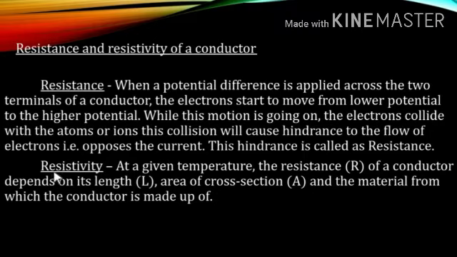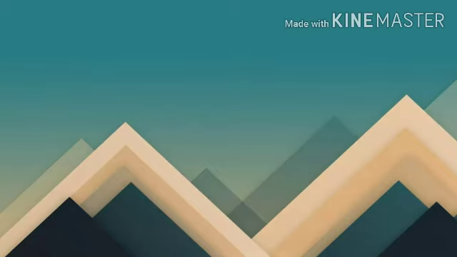And resistivity is, at a given temperature, the resistance R of a conductor depends on the length L, also on the area of cross section, that is capital A, and the material from which the conductor is made. This is resistivity. That means resistivity is specific for that specific material.